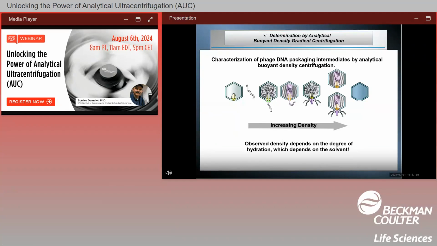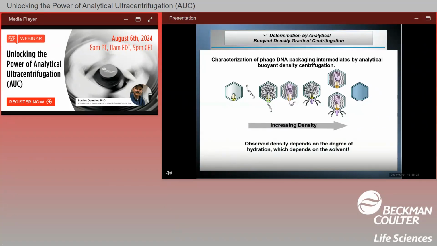And as you package more and more DNA into your capsid, you will get additional density that you can then measure by looking at the peak position that each species generates. So you can also have empty capsids as well as free DNA molecules.